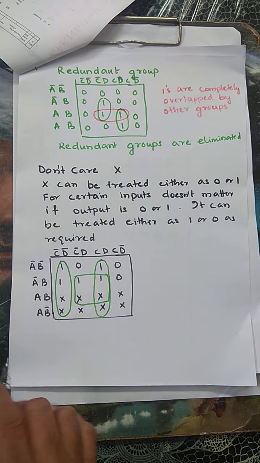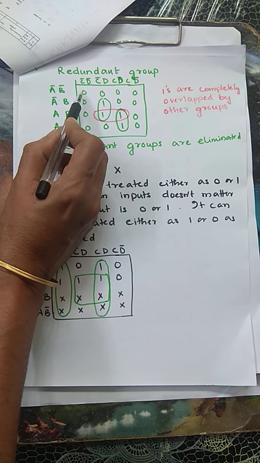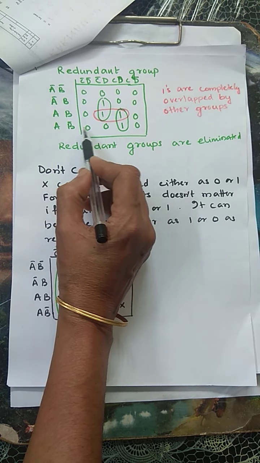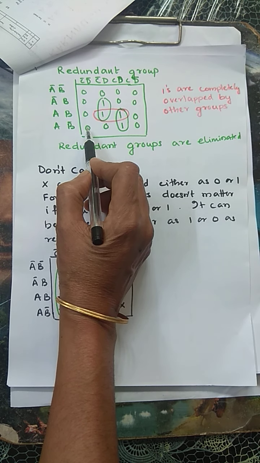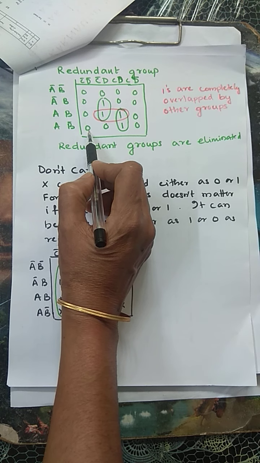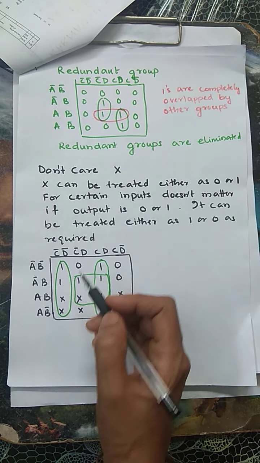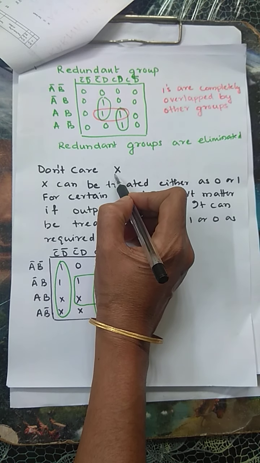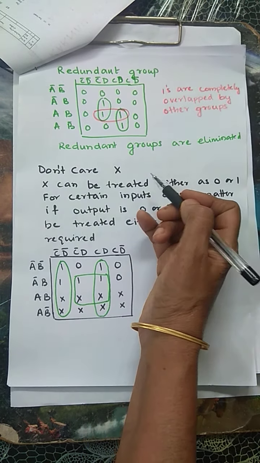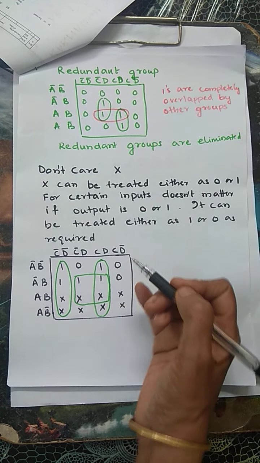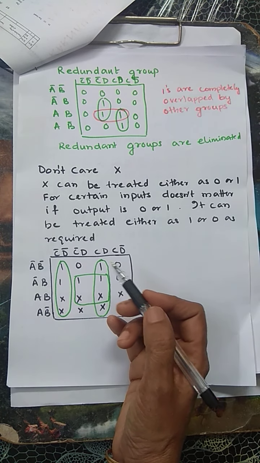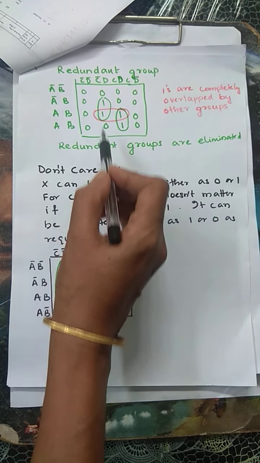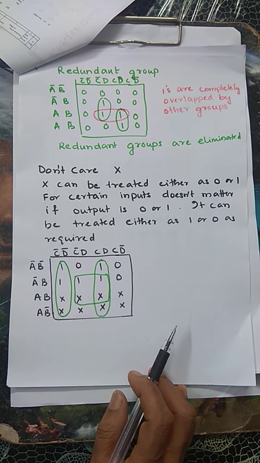Similarly, another one, suppose this case, A, B complement, C complement, D. Even if it is 0 or 1, if it is not affecting your result, you call it a don't care situation. Don't care you put with an X. If you want it as 0, you can take it as 0. If you want to take it as 1, you can take it as 1. That is the peculiarity of the don't care situation. Whatever the input is, it does not affect the result.